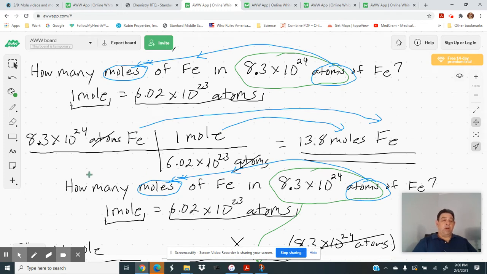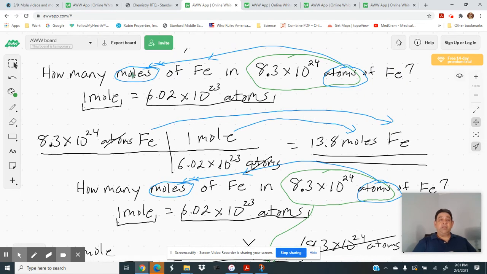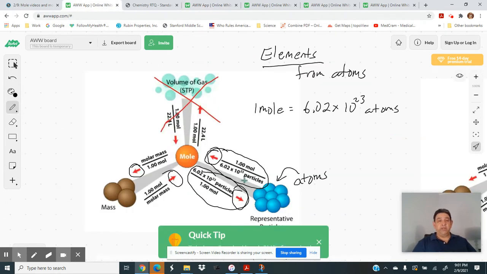All right, so let's do another one. So here we turned atoms into moles. You're given atoms, you turn them into moles, which is what we're doing over here. And once again, notice the conversion factor, 1 mole over 6.02 times 10 to the 23rd particles. I didn't have that memorized.